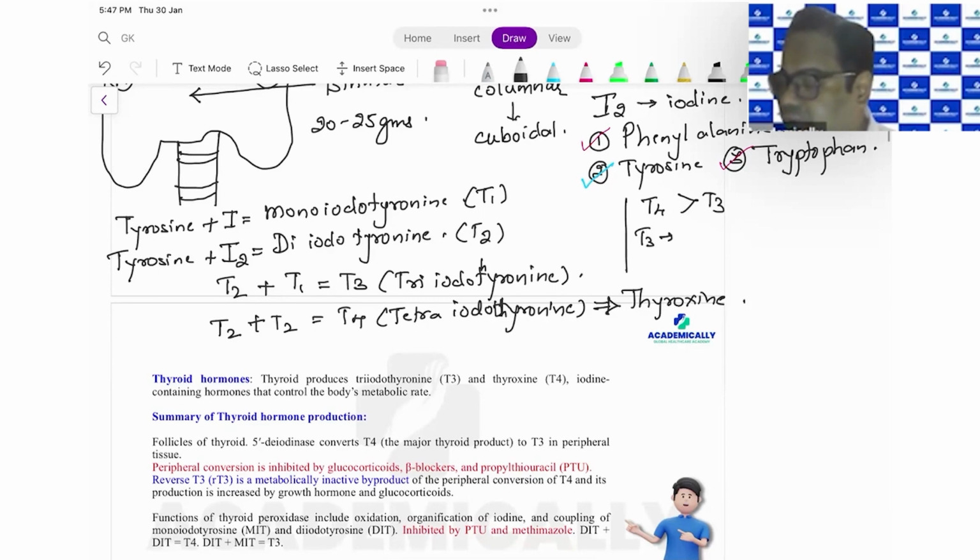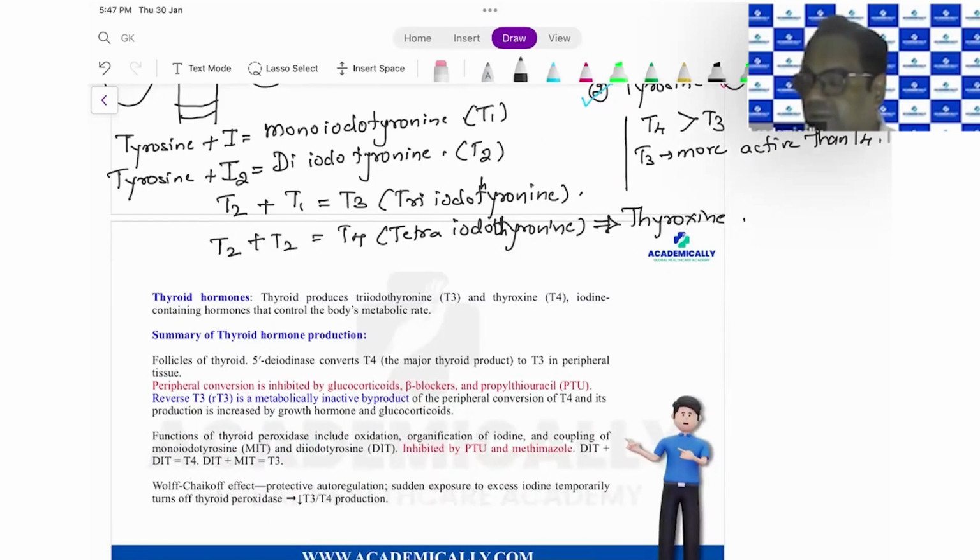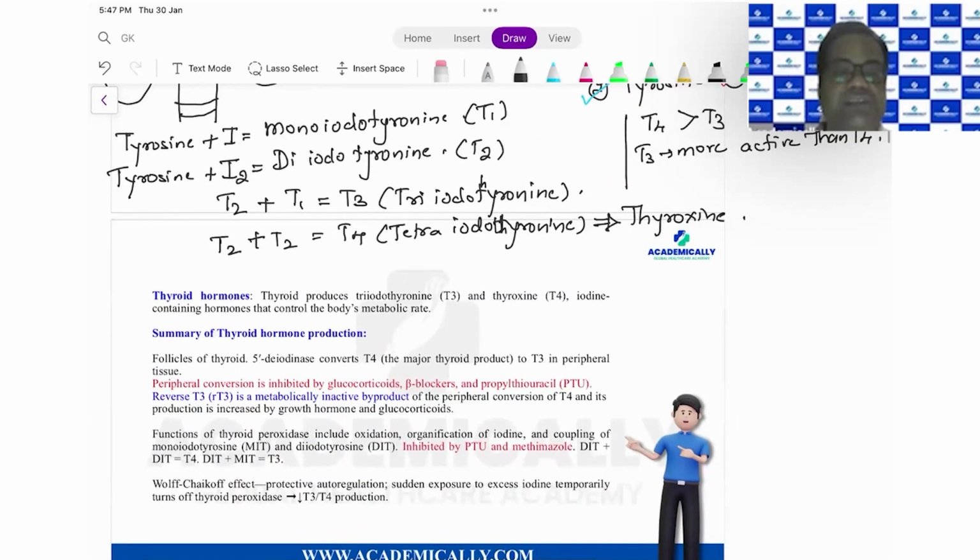T3 is more active than T4. Hence, whenever T4 wants to act, it has to get converted to T3, and only then will the action take place.